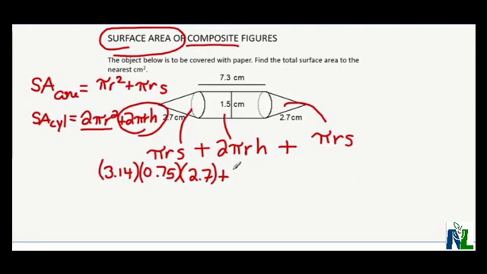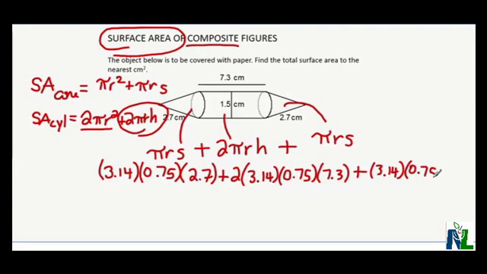Plus, for our cylinder, the part that wraps around it, our lateral surface area, it's 2 times pi times our radius, which is again 0.75, times the height of our cylinder, which is 7.3, plus pi rs for the other cone, which is 3.14 times our radius, 0.75, times our slant height, 2.7.